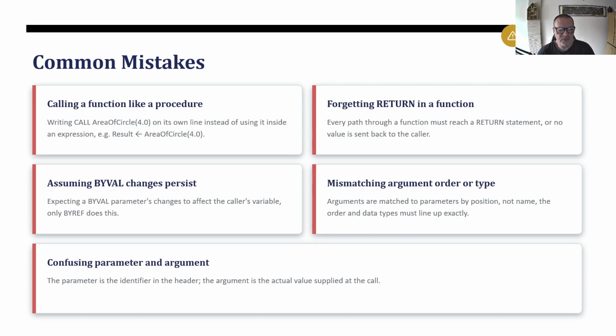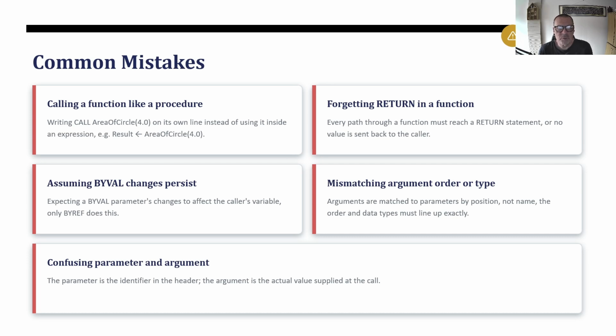If you don't say anything at all, it's by val. If you do that or say by val, then the changes you make don't have any effect outside of the subroutine. Make sure that you get your arguments in the right order. They're not done by name, they're done by position, so you have to get them in the right order, and make sure you get the correct data types for each one.